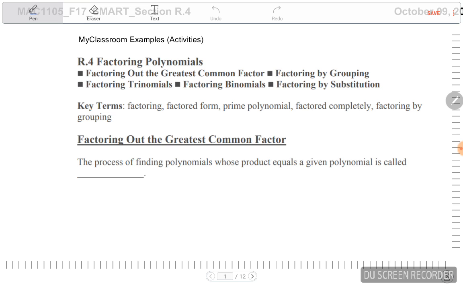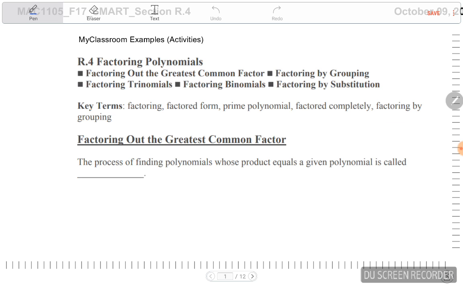But what I find is that students will learn factoring by grouping at the end, when really it should be taught at the beginning. And if you learn it at the end only for certain cases, then by the time you get those cases, most students have forgotten how to do it anyways because they're not practicing it regularly.